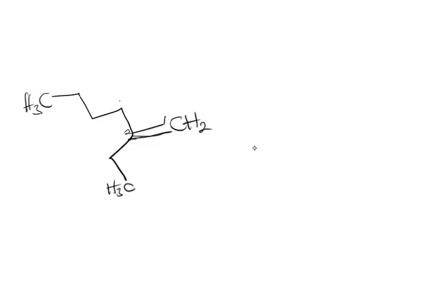So this is 3, this is carbon 4, this is carbon 5, this is carbon 6. So I have 1, 2, 3, 4, 5, and 6. So I have 6 carbon here, but if I go this way, I'll have 1, 2, 3, and 4. Now notice that this is the longest chain with multiple bond.